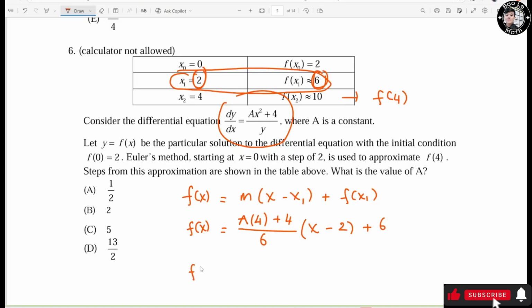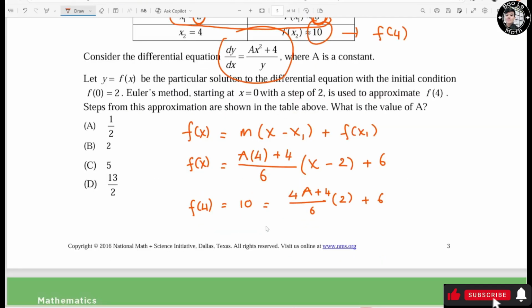Now f of 4 is actually 10 right here, right? And it's going to be substituting for s over here. We have 4a plus 4 divided by 6 times 2, right? Plus 6, right? So it's going to be 4a plus 4 divided by 3 plus 6 equals 10, right?